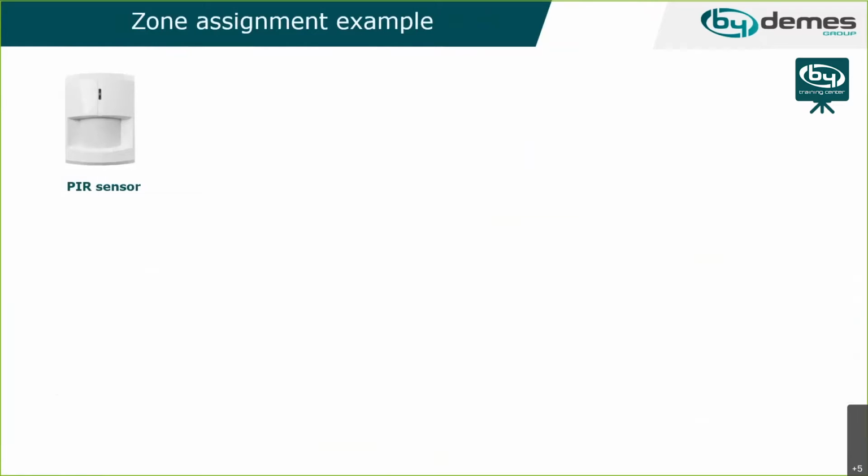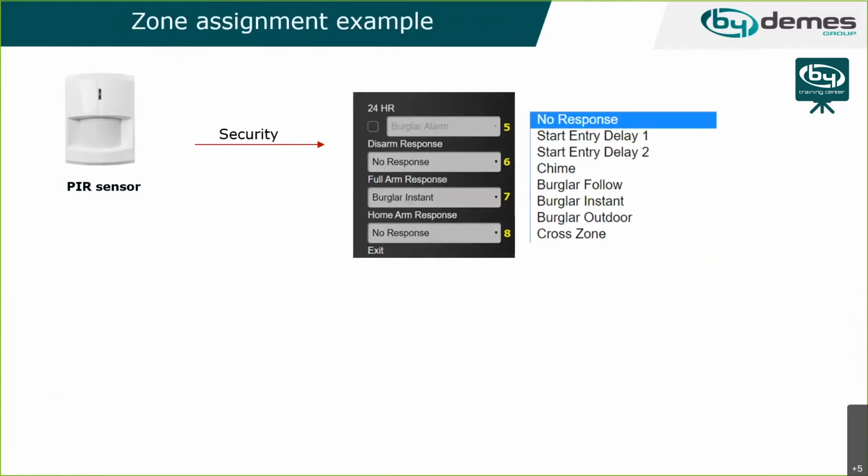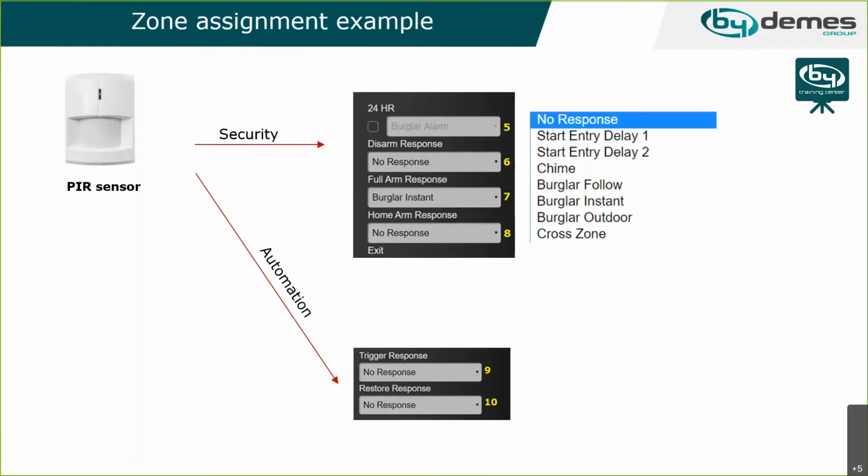Zone assignment example. In this case, for the PIR sensor, for example, we can set a zone for security. For example, a burglar instant or follow zone or start entry delay if we want. And also we can apply an automation scene. For example, if we have this PIR motion sensor, we can set this zone as an entry delay.